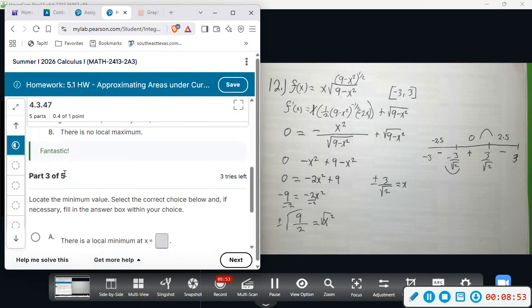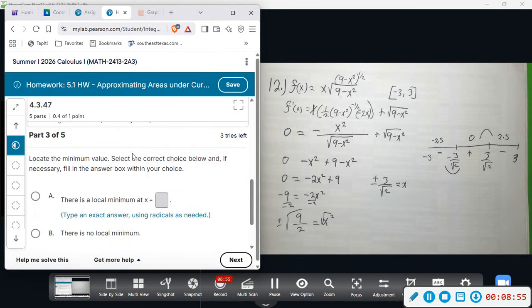All right, it's good. And then it says locate the minimum value. So there's a local minimum. So it went from decreasing to increasing at the -3 over square root of 2.